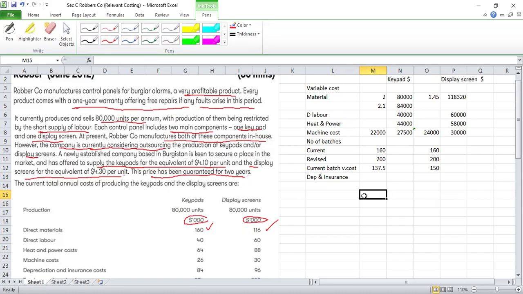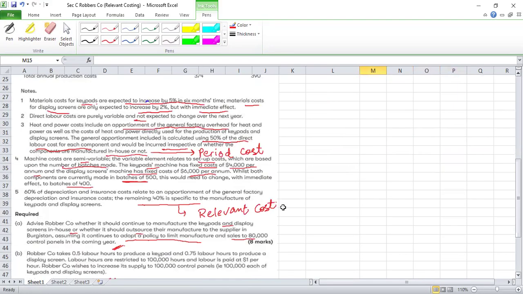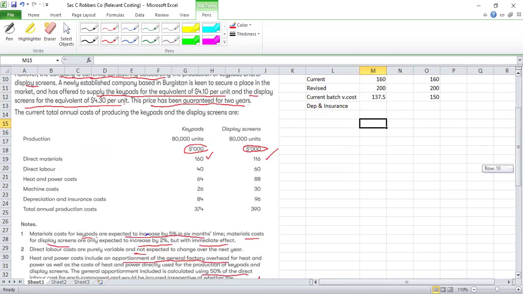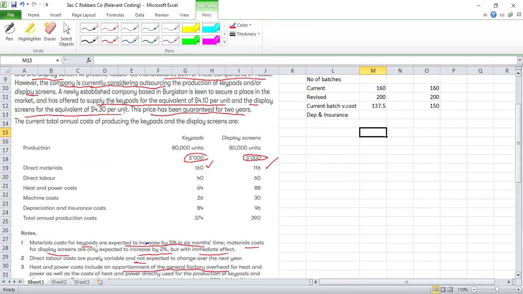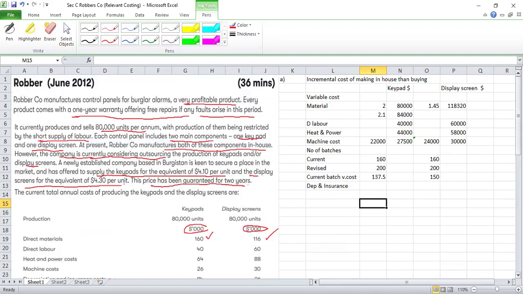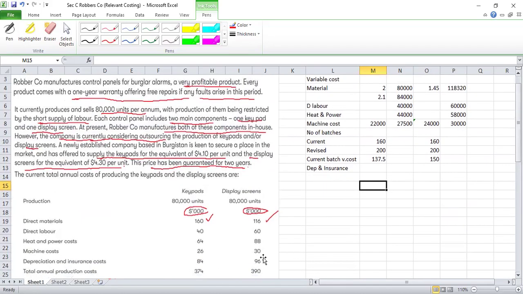It includes only the variable proportion or specific. 40% is specific and the remaining 60% is fixed. So simply we will calculate 40% of this amount, 84 and 96.